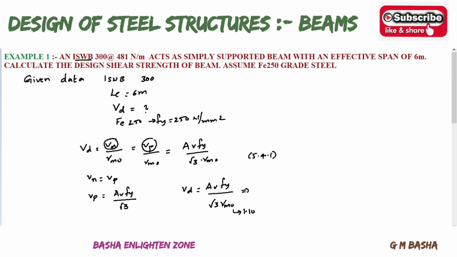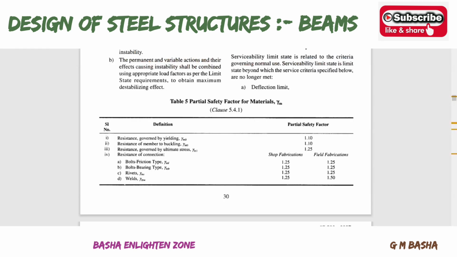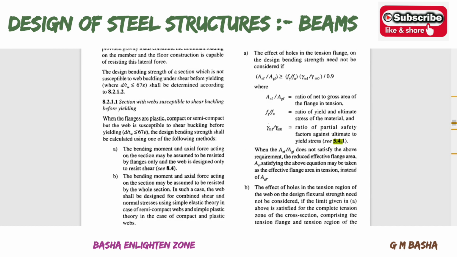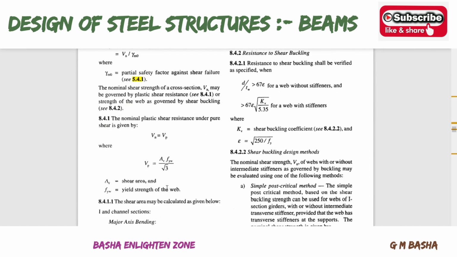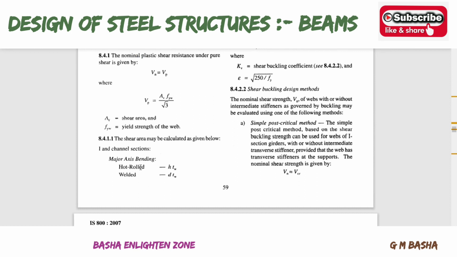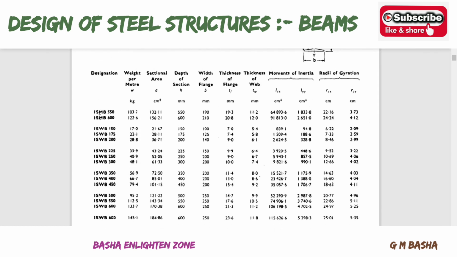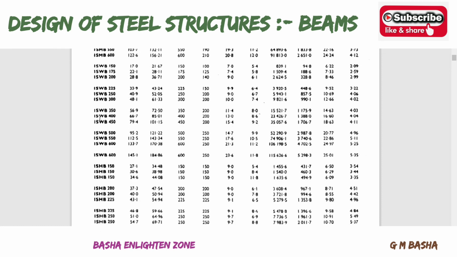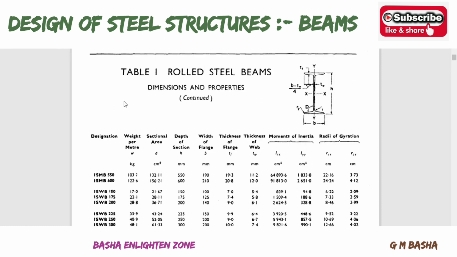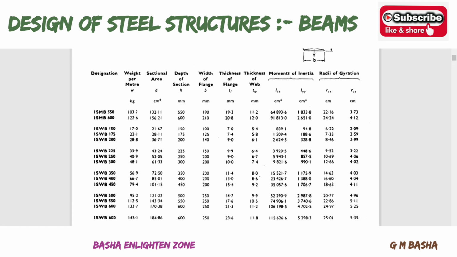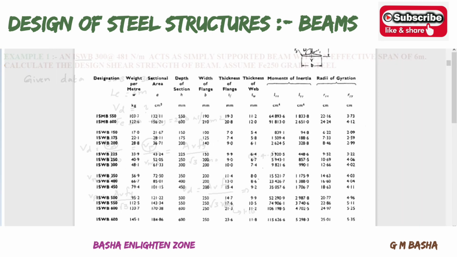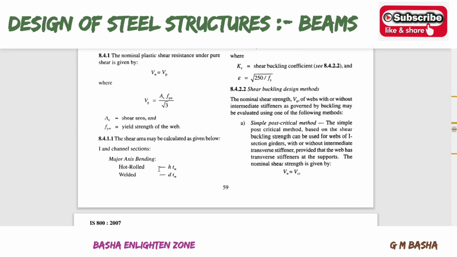And what about this Av? See in the same code book, page number 50. Here Av will be equal to h into tw for hot rolled sections, or welded. Since we are choosing rolled steel beams from the steel tables, ISWB 300, Av will be equal to h into tw.